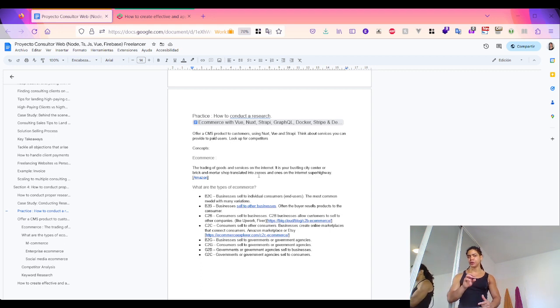Then there is consumer to business, where consumers offer services to businesses. Here you have freelance work, which is the most common business model across this relationship between consumers and businesses.